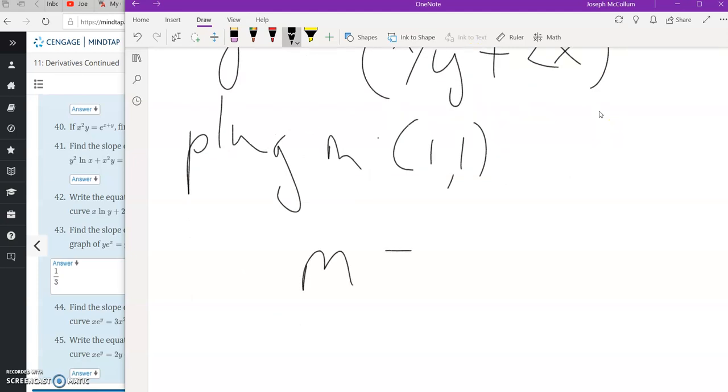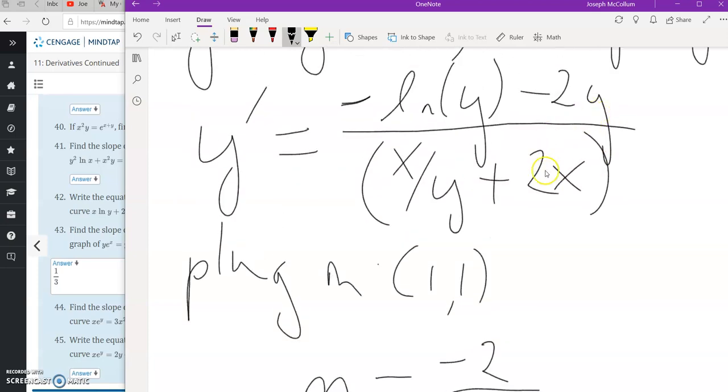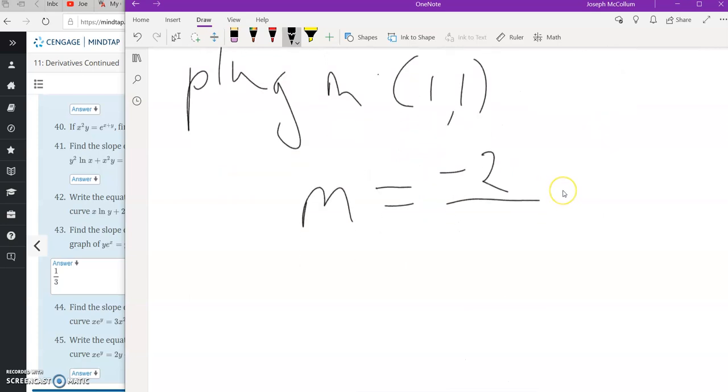So my m, my slope, is going to be negative 2 over, let's get my denominator. So it's 1 over 1, because that's both x and y, 1 over 1 plus 2 times 1. Again, imagine plugging 1 in for x and y everywhere. And so you get 1 over 1, that's 1, plus 2, so that's 3. So there's my slope, negative 2/3.